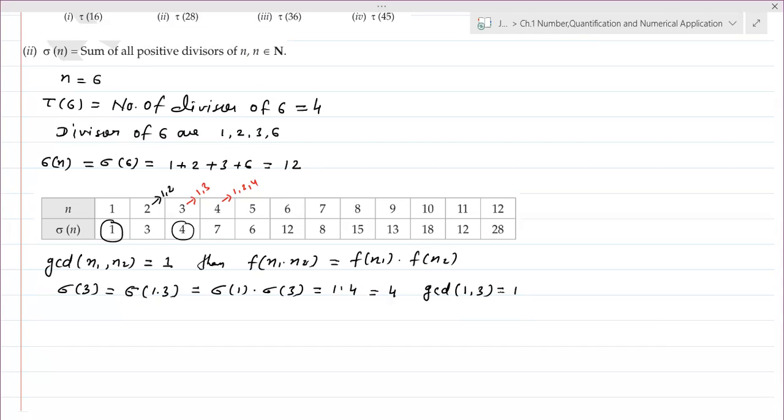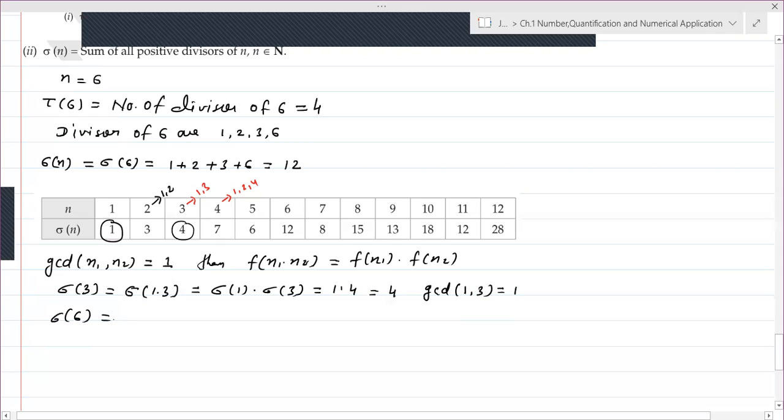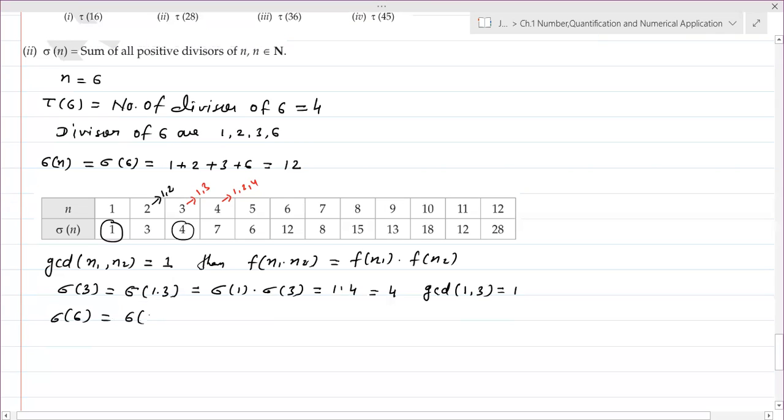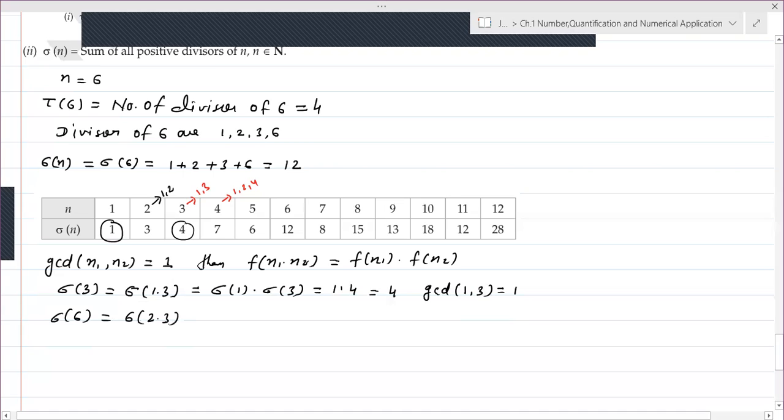Let's take another example of a multiplicative function. We will take 6. In the same way, 6 can be written as a multiplication of 2 and 3.